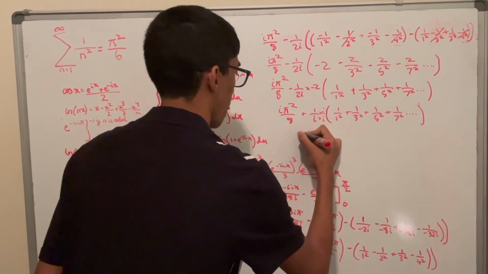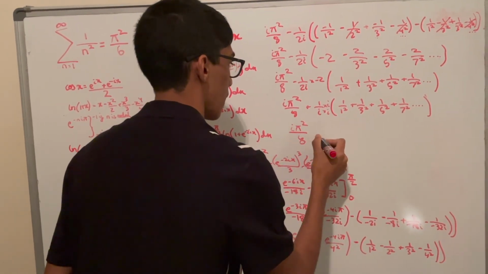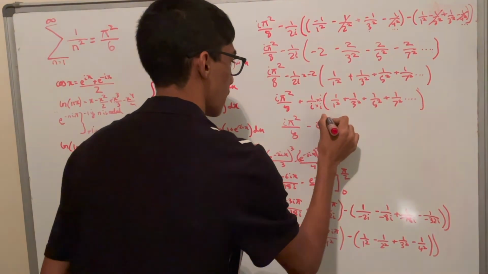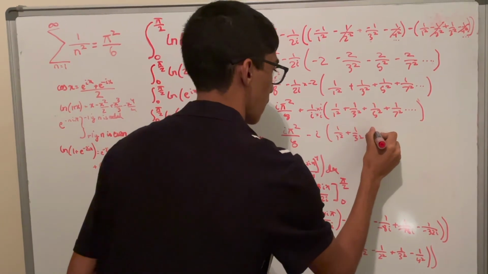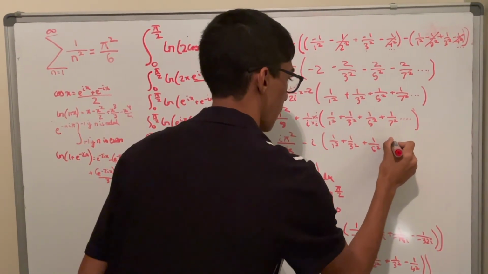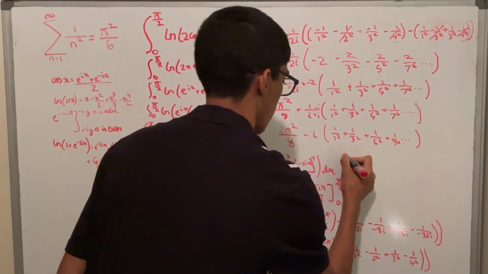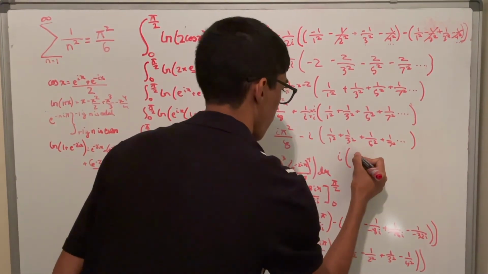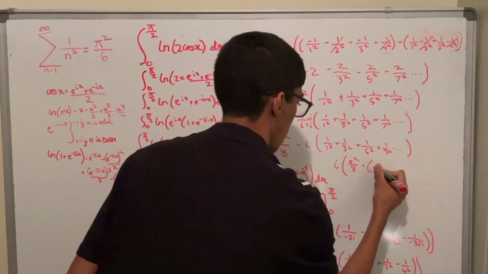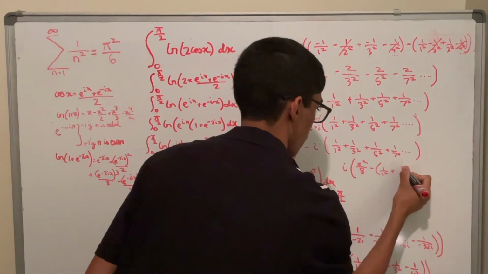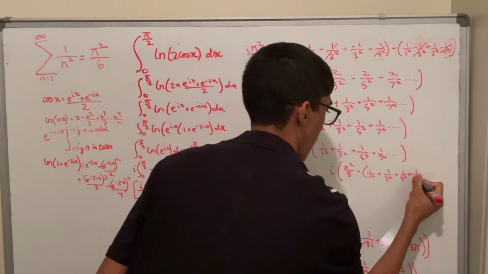So we have i pi squared over 8 minus i times 1 over 1 squared plus 1 over 3 squared plus 1 over 5 squared plus 1 over 7 squared. Now first we can take i common. So we have pi squared over 8, again minus 1 over 1 squared plus 1 over 3 squared plus 1 over 5 squared plus 1 over 7 squared.